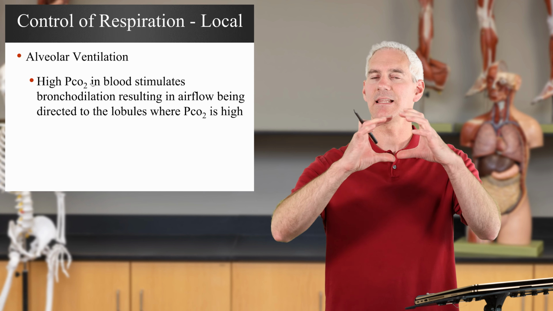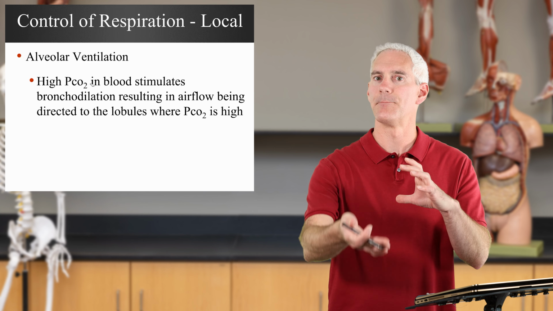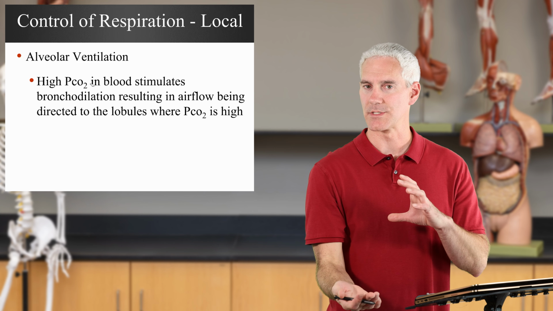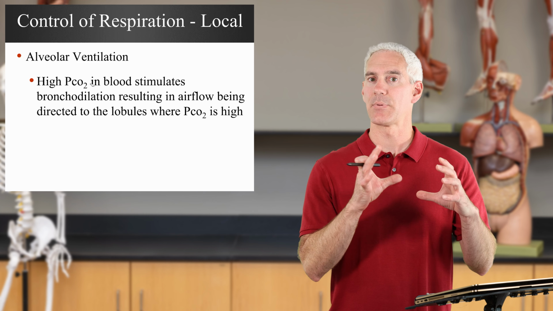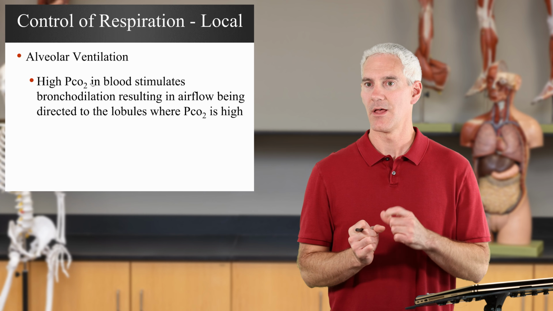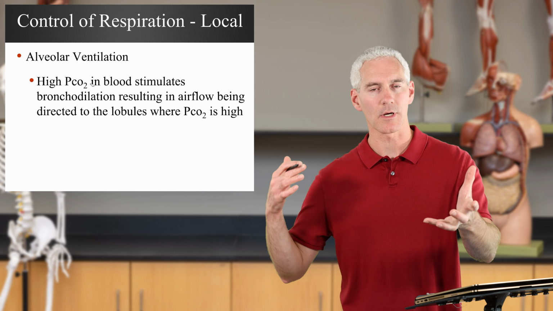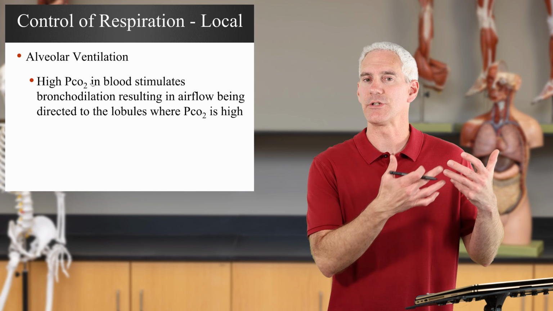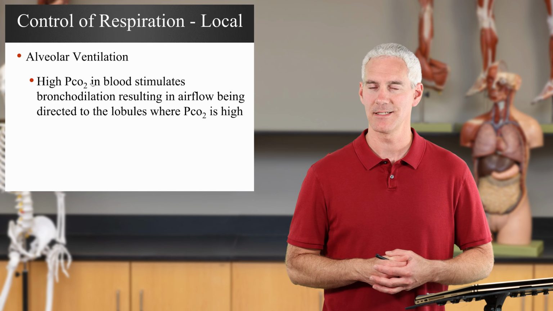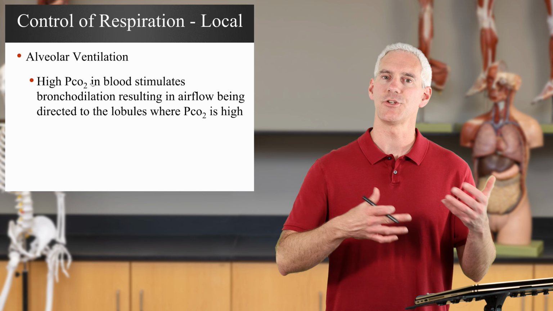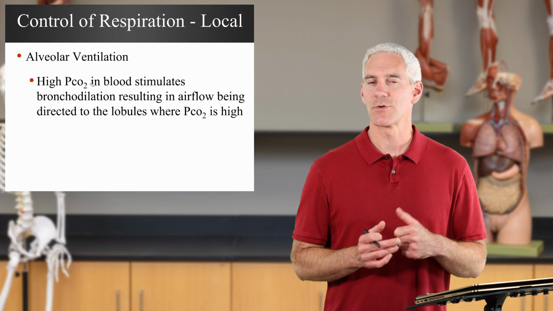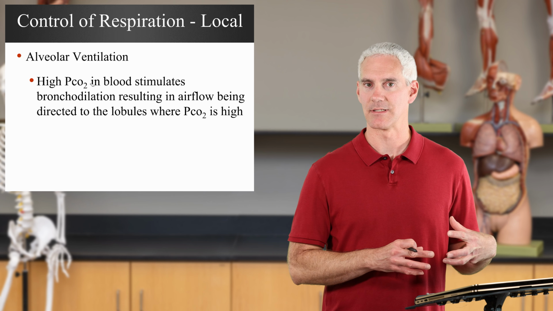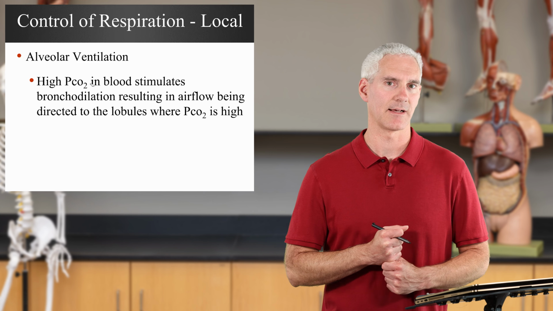Because if you dilate the bronchioles, that means more airflow in and out. So if you have high blood carbon dioxide, more air going out means more carbon dioxide can leave with it. So again, it's helping to make sure that you're getting rid of high levels of carbon dioxide, and it matches ventilation and perfusion. So we're not just always focusing on oxygen, we can focus on carbon dioxide levels as well.